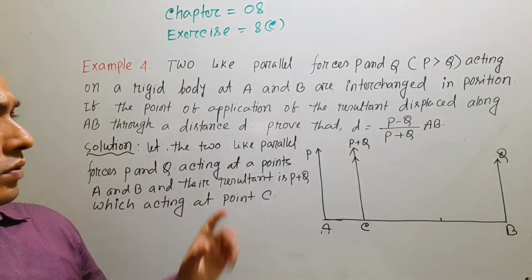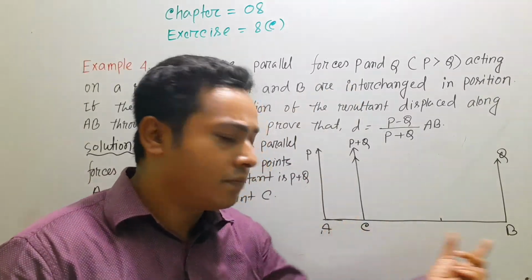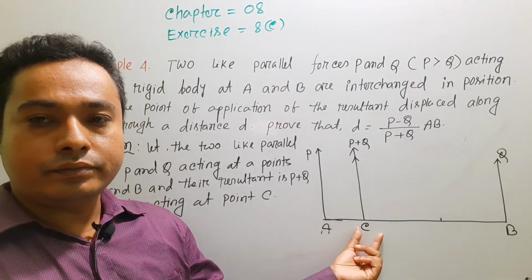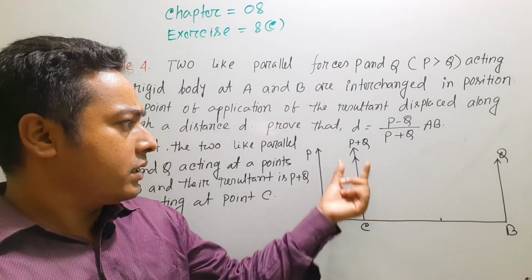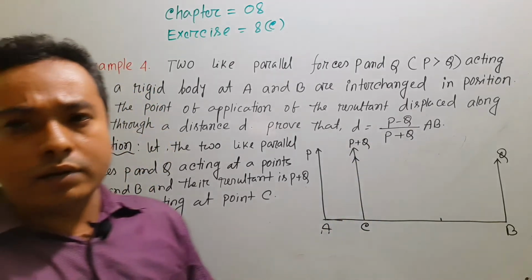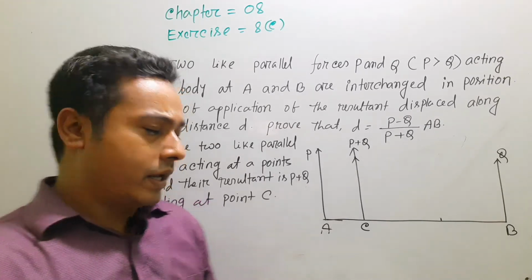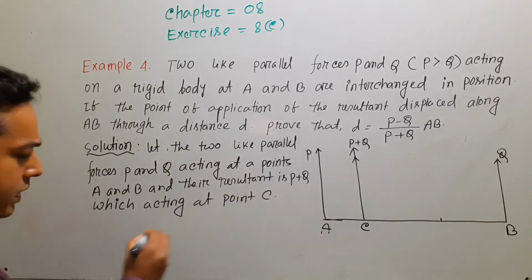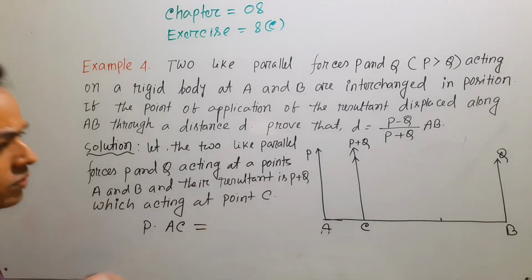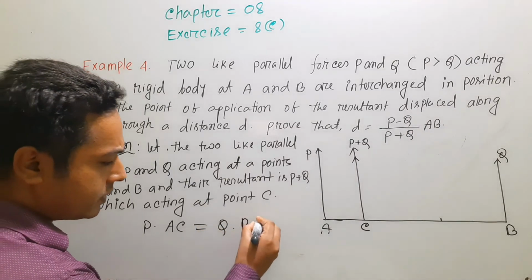At first we consider the two forces P and Q acting at points A and B, with their resultant acting at point C. Their resultant is P plus Q acting at point C. According to the two like parallel forces, we can write P into AC is equal to Q into BC.